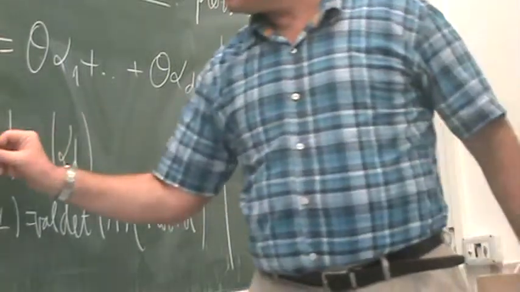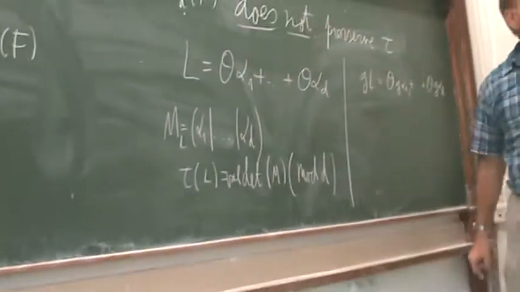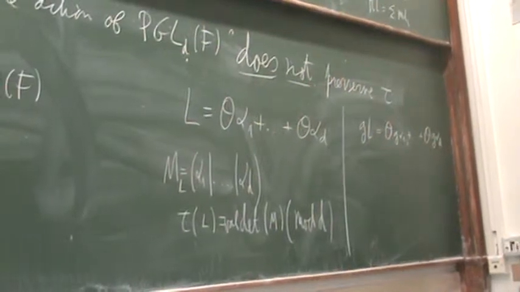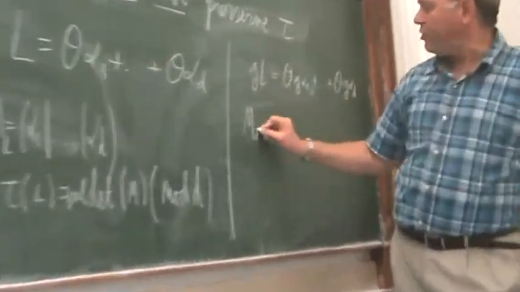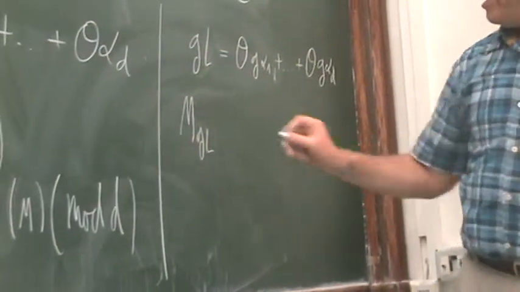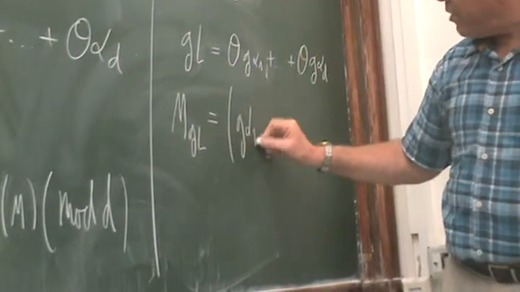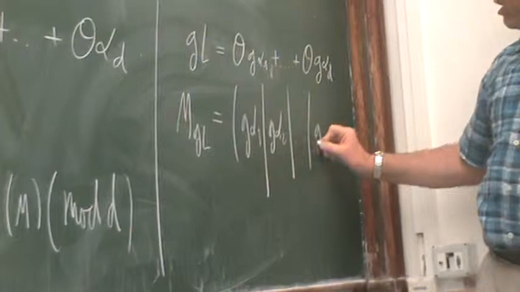Now, this is the matrix, I'll write it M of L, associated with L. What is the matrix now which we associate with GL? We take the basis G alpha_1, G alpha_2, ..., G alpha_d, right?